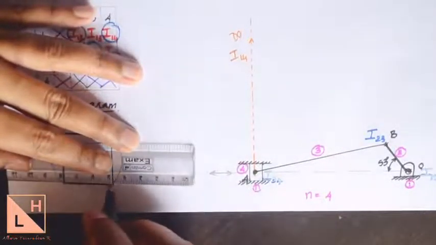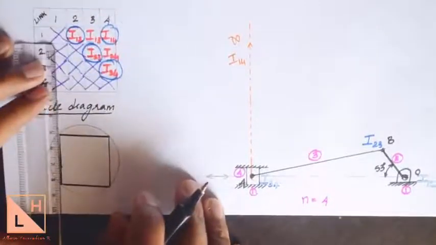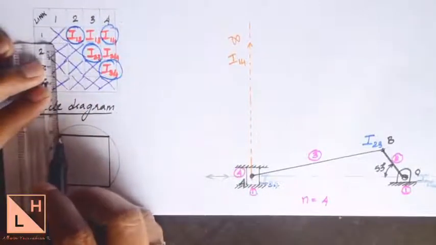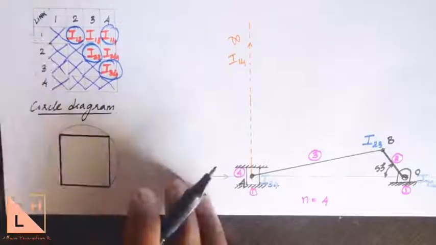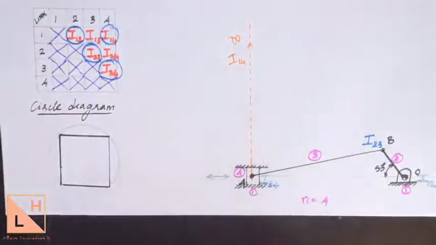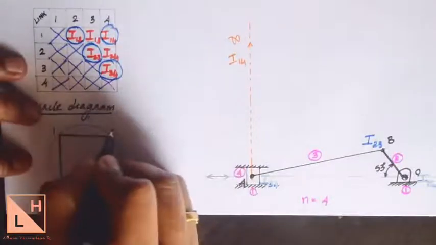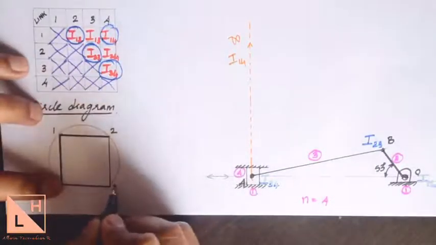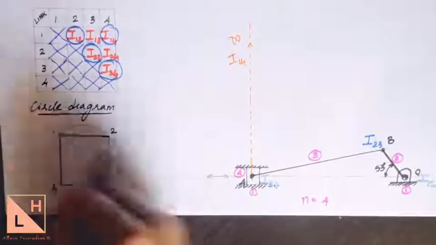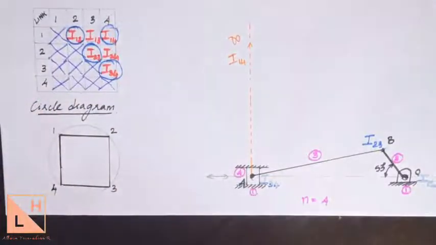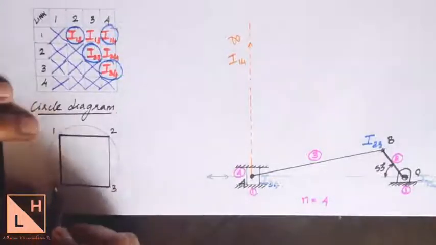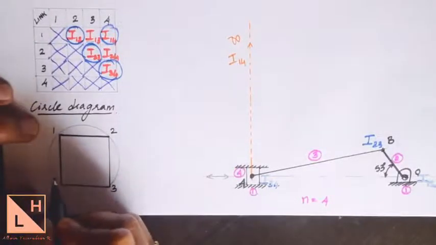This circle diagram is helpful only to identify which points to join to get the remaining instantaneous centers. Now these 4 corners of the square will represent the links. So we have 4 links and name the 4 corners as 4 links, right? So whichever side is connected, you name that as the instantaneous center.